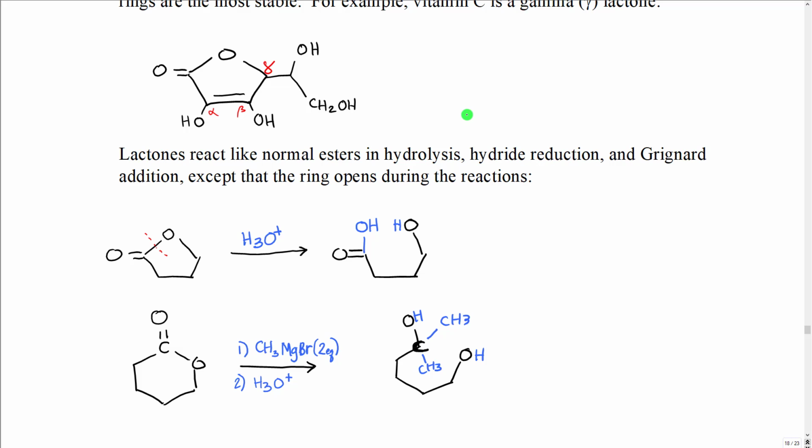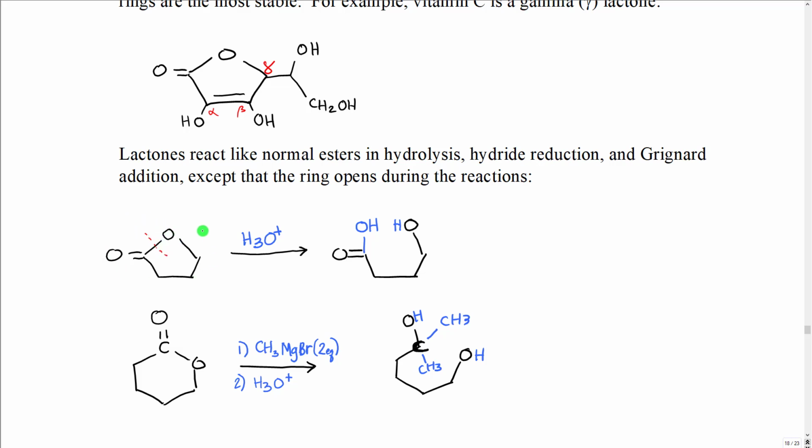Lactones are essentially normal esters. They do hydrolysis reactions, hydride reductions, Grignard additions. The only thing that makes them somewhat unique is that in those reactions that we discussed, we would be breaking the bond between the C double bond O carbonyl carbon and the alkoxy oxygen. We would be breaking this bond.